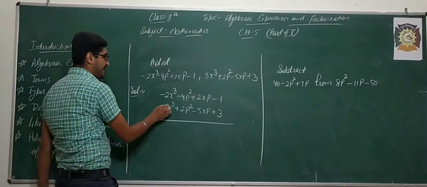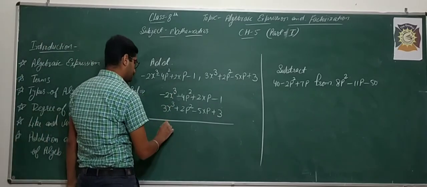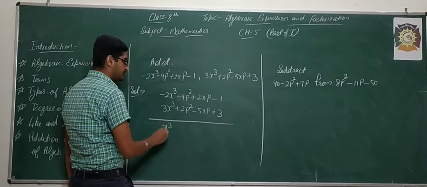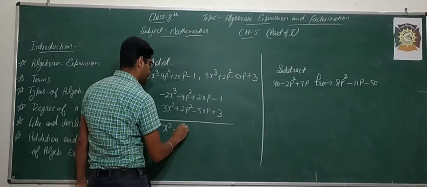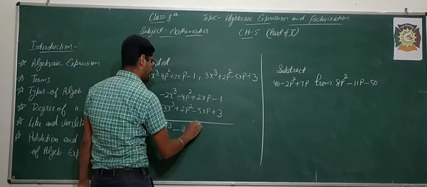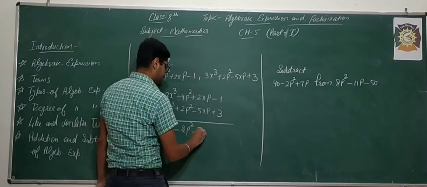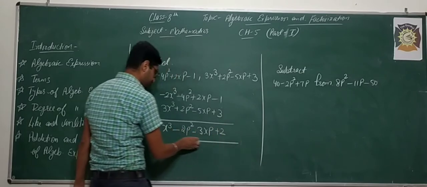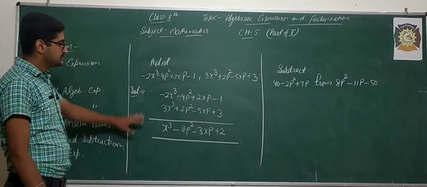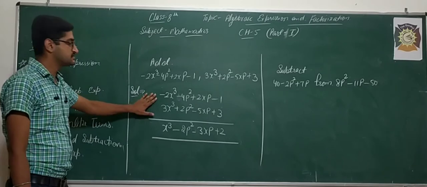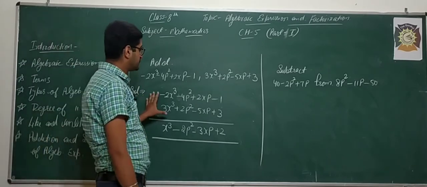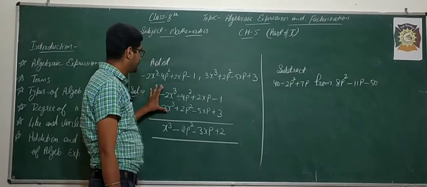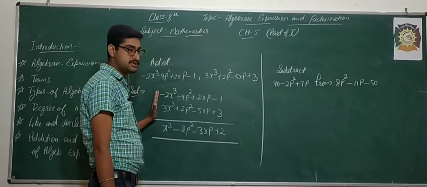So when we add this and this, 3 minus 2, this will be 1, minus 4 plus 2, this is minus 2p square, this is minus 3xp, and 3 minus 1, this is 2. So you can simplify this question in this form also. But remember, you have to put the like terms with each other.